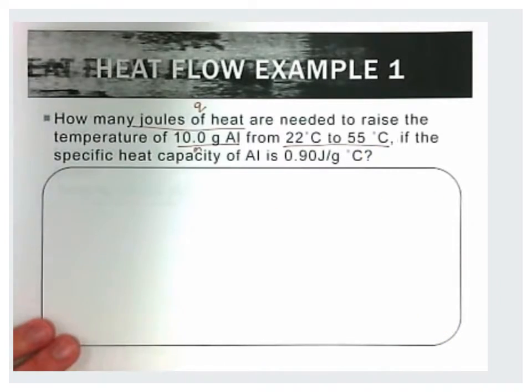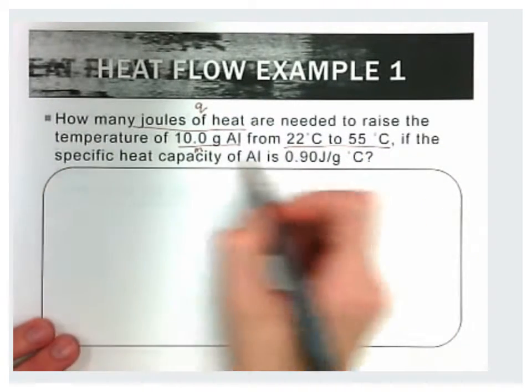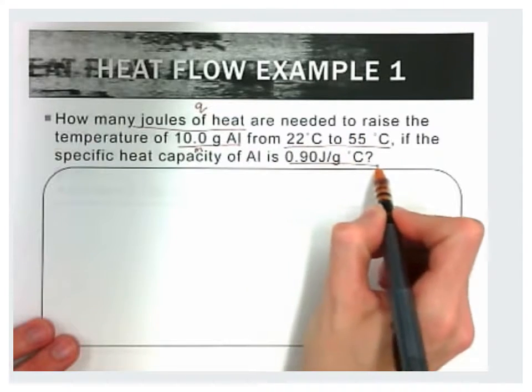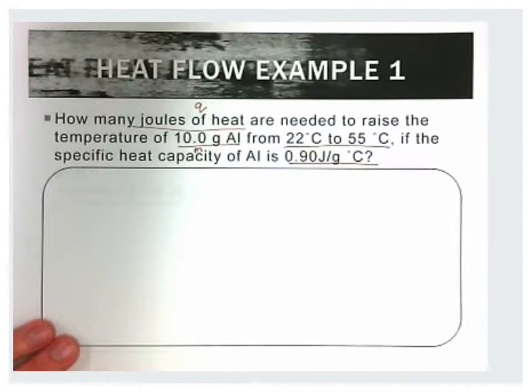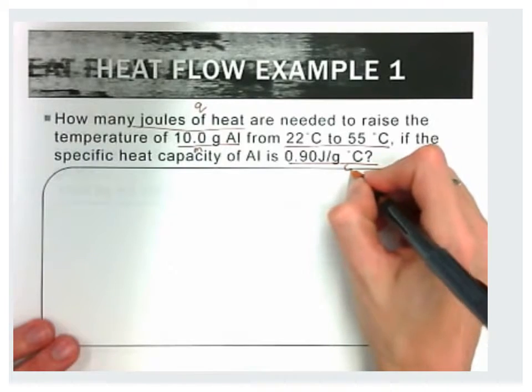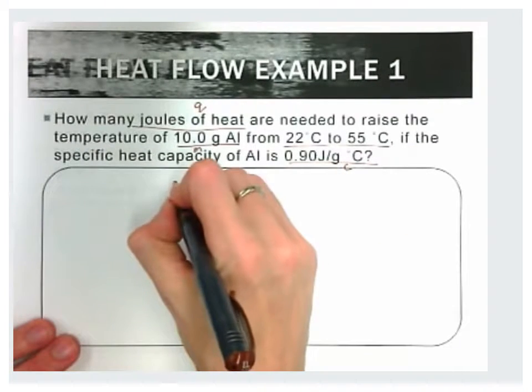This is not your delta T, but it will help you find your delta T. If the specific heat capacity of aluminum is 0.9 joules per gram degree Celsius. This is your C.